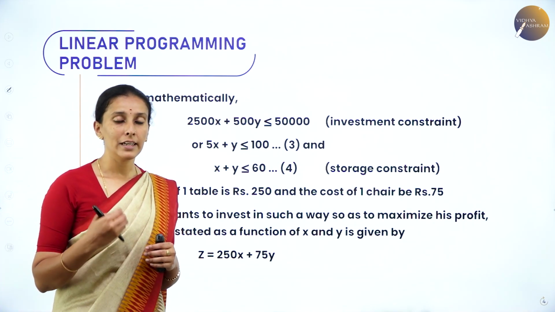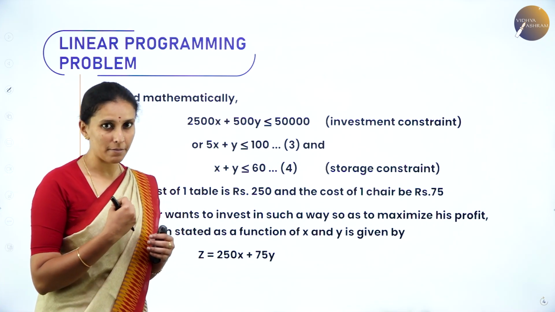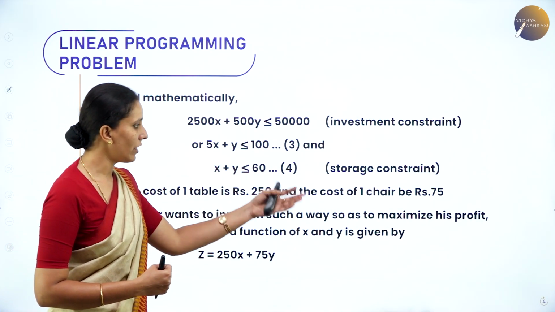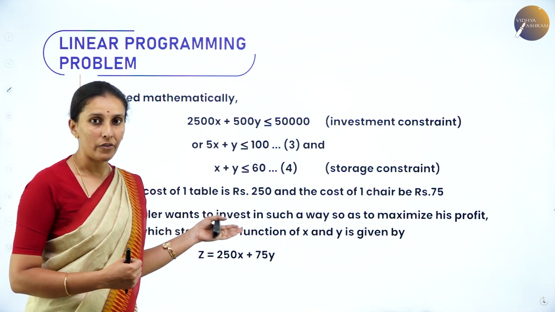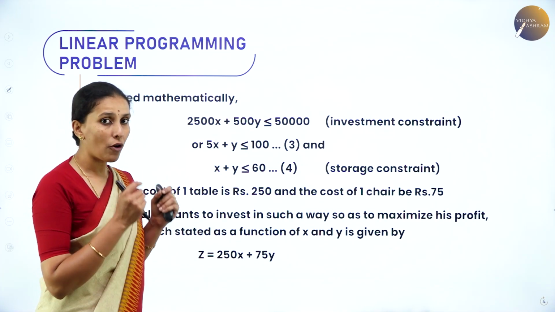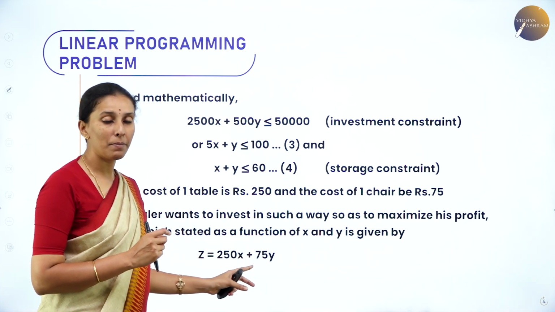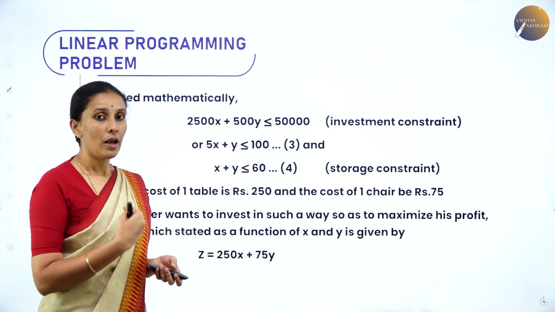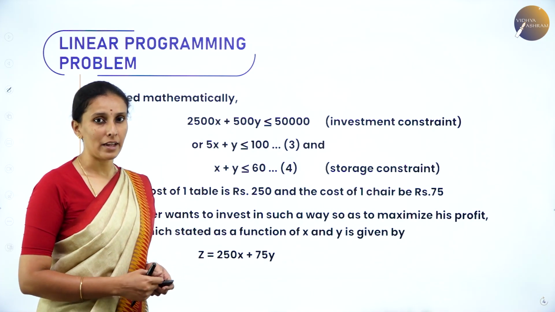Apart from that, he needs to maximize his profit by selling a chair as well as a table for 75 rupees and 250 rupees respectively. So what number of chairs and what number of tables does he have to sell so that he gets the maximum profit apart from his investment.